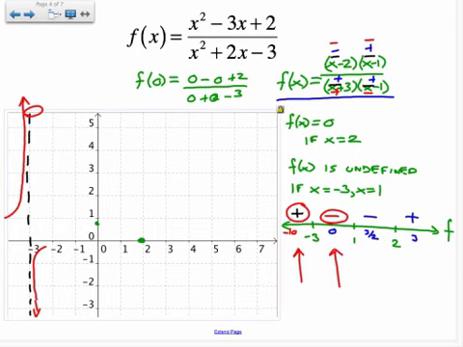Now, when x was getting close to 1, we saw something different. We saw the y values getting close to -1/4. But there is no dot at x equals 1 because the function's undefined. Okay, so what you're going to see there, if you were to zoom in close enough, is you would see an open circle at 1, -1/4.